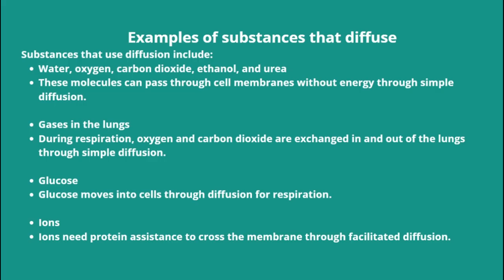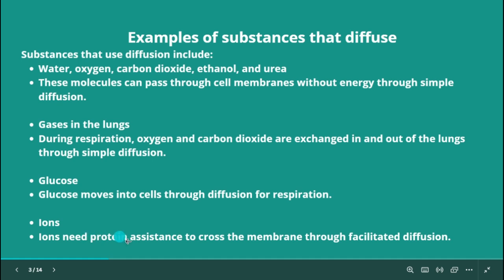During respiration, oxygen and carbon dioxide are exchanged in and out of the lungs through simple diffusion, right? So these are just examples of substances that use diffusion. And then you have glucose. So glucose moves into cells through diffusion for respiration.